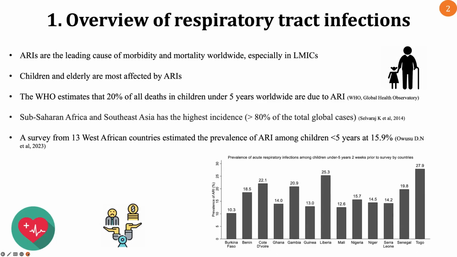In sub-Saharan Africa and Southeast Asia, as said by Tobias, they have the largest part of the disease incidence. I would like to highlight the situation in West African countries. A survey from 30 countries found that the prevalence of acute respiratory tract infection among young children is estimated at at least 60%. You can see the distribution across the different countries where the study was performed.